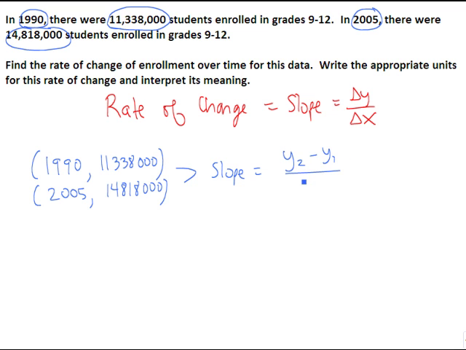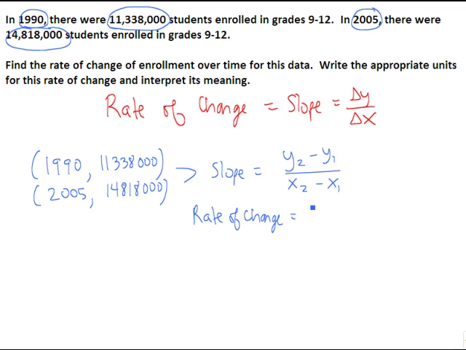Now that I think of these as ordered pairs, we can use our slope formula, which remember is y2 minus y1 over x2 minus x1, on these two ordered pairs. And slope, remember, is just another way of talking about a rate of change. So our rate of change in this example, or our slope, is going to be these two y values subtracted.